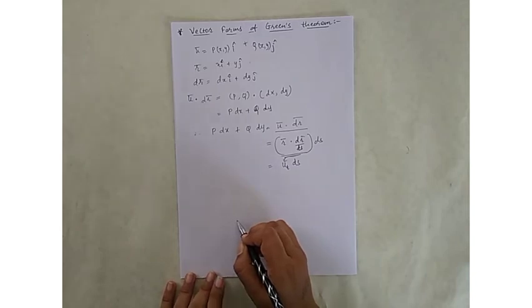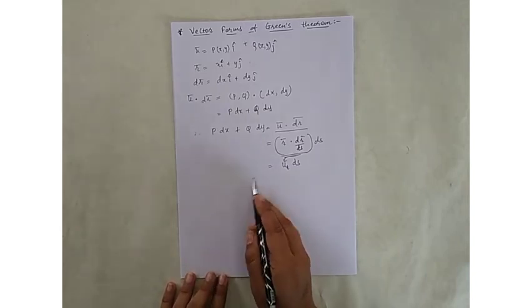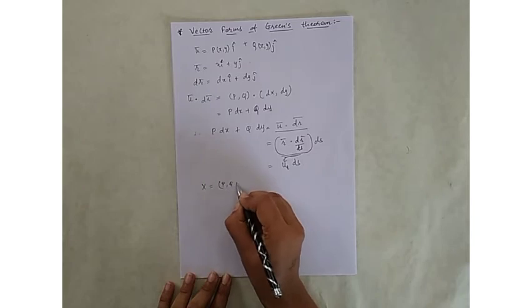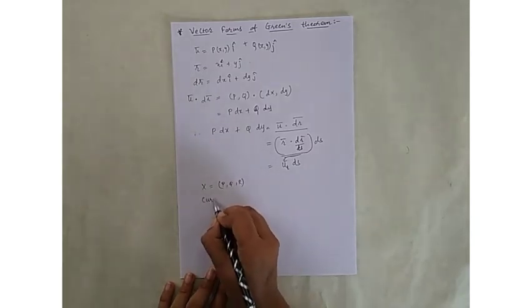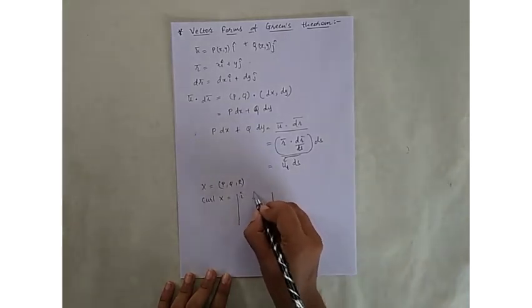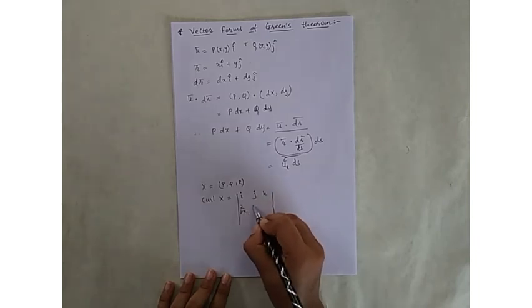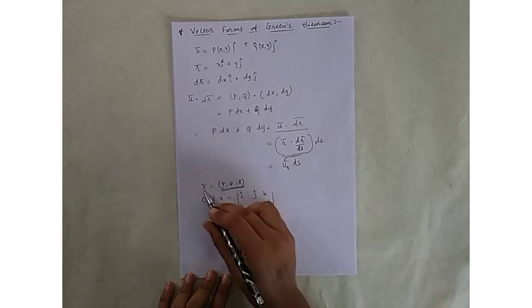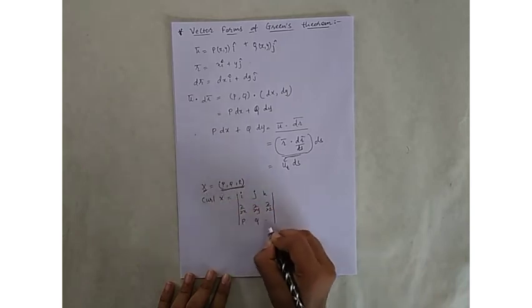Now we are going to form the vector form of Green's theorem. Before that, we must know the curl of a vector. So suppose I have a vector x with coordinates p, q, r, and I want to find curl x. The value of curl x is the determinant of i, j, k; del by del x, del by del y, del by del z; and the coordinates of our vector x, that is p, q, r.